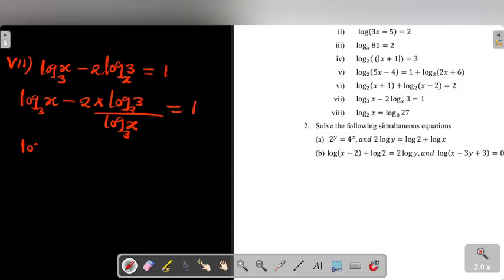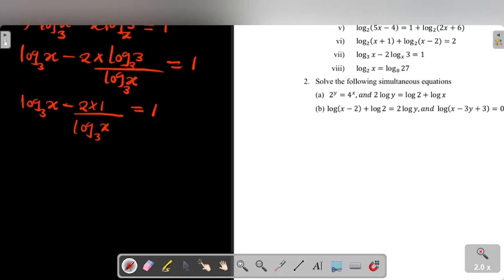So now we have log base 3 of (x minus 2), then applying the property, log of 3 base 3 is 1, that's the property, so it is 1. Then we're going to say over log of x base 3, this is equal to 1.